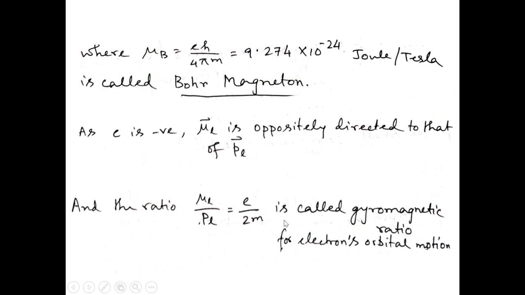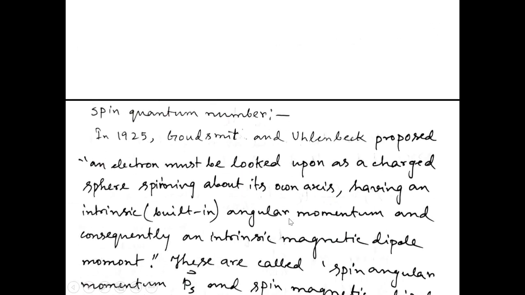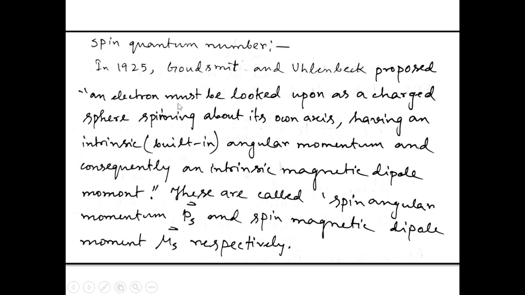Now regarding this statement, the spin quantum number, why we need it? Because we have to discriminate each and every electron for a particular sub-energy level, and this quantum number will help us. In 1925, Goudsmit and Uhlenbeck proposed that an electron must be looked upon as a charged sphere, spinning about its own axis, having an intrinsic or built-in angular momentum and consequently an intrinsic magnetic dipole moment.